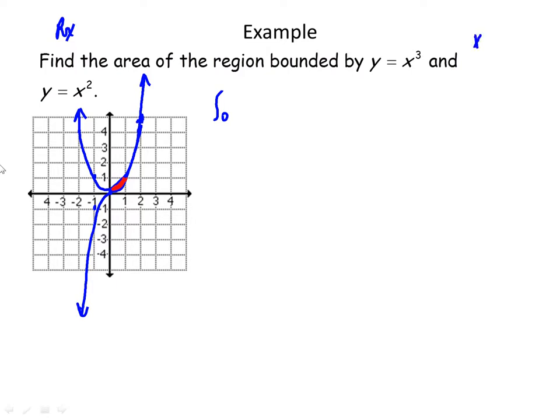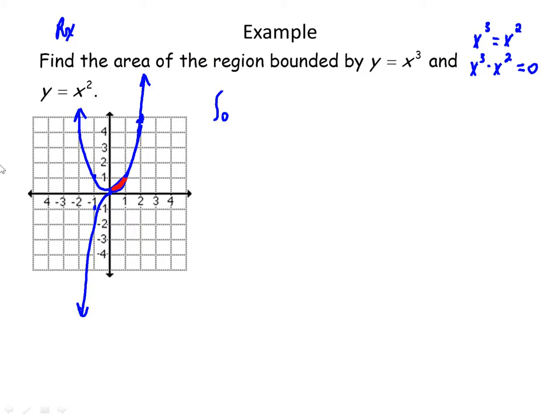Let's do this. You can always figure out your boundaries algebraically. Always. Take these two and set them equal to each other. In order to do that, you either have to solve for y's or you have to solve for x's. That's your choice. Since the y's are already solved for, I'm just going to go with that. So we're going to have x cubed minus x squared is equal to 0. Do you know where to go from here? This is algebra.